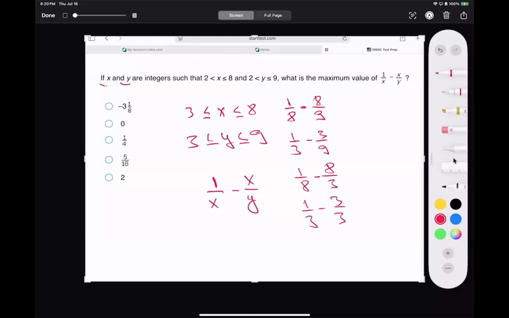What is the maximum value? Look, here's 1 over 8 minus 8 over 9. This one is much bigger in magnitude. Do you guys agree? Here's 1 over 3 minus 3 over 9. How much is here?